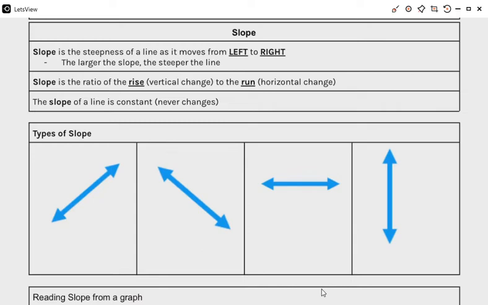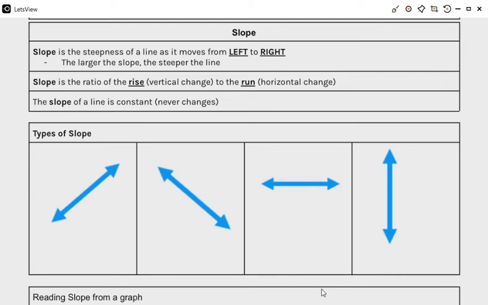Your slope is constant. It's never going to change throughout the line. Since your line is a straight line, it doesn't have all these bumps and everything, your slope's going to stay the same. This is going to make more sense in a little bit once we look at this from a graph. But first thing we're going to talk about are the 4 types of slope.